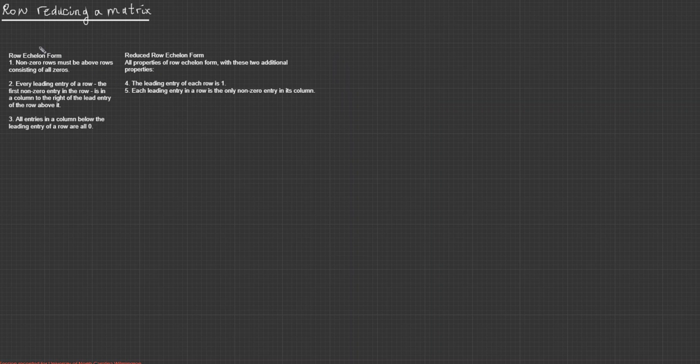So for a matrix to be in row echelon form, focusing on the left here, we must have these three properties. And if you don't quite understand what each of these properties means right away as we read through this list, don't worry. We'll go through some example matrices to demonstrate what each of these properties means.